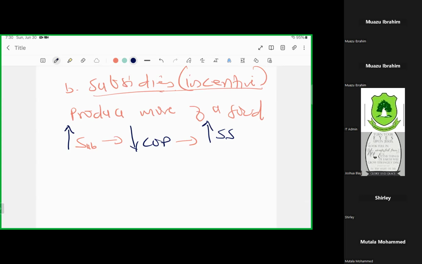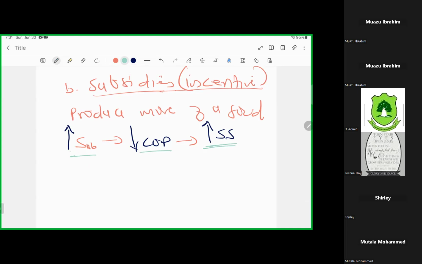Government does that through the provision of subsidies. Because once you provide subsidies, it will decrease the cost of production, which will boost the production of that particular commodity.